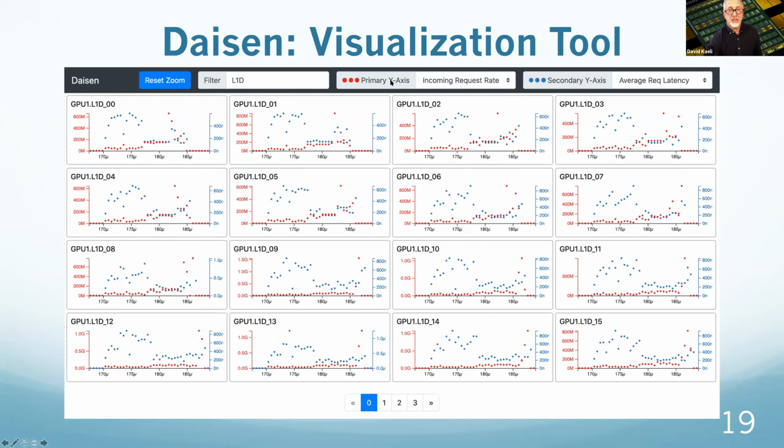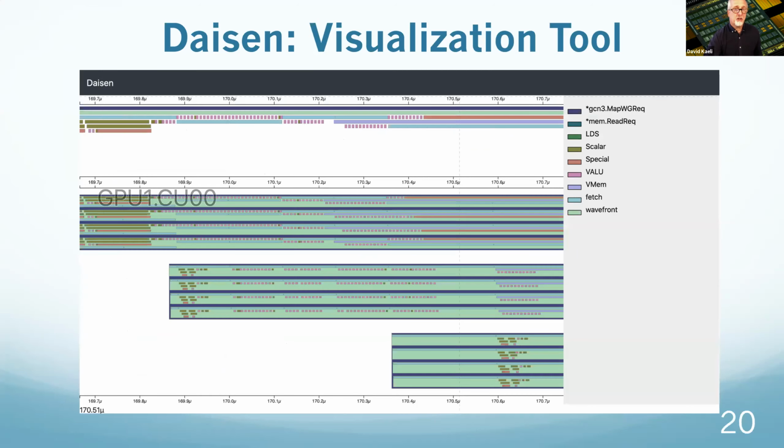For instance, the incoming request rate is in red, and the average request latency is in blue. So I have a very rich visual interface where I can look at lots of things with a level of concurrency. I can see what each of the caches is doing. I can do this through a variety of ways.